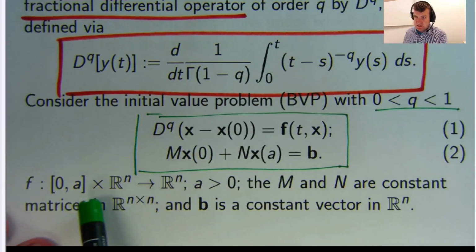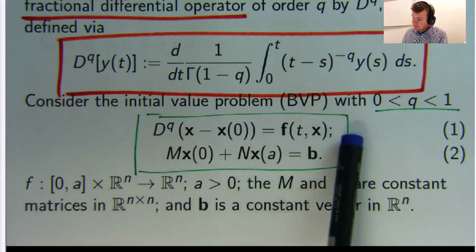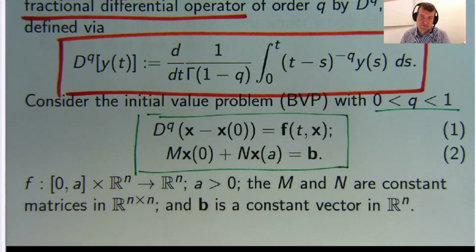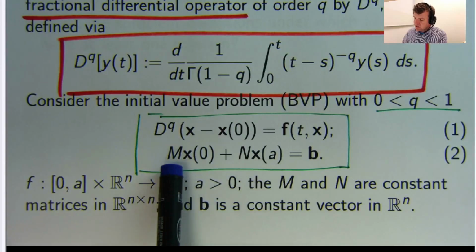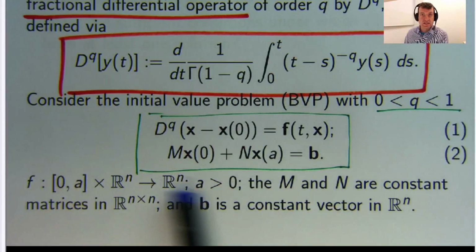Okay, so the question that this video is going to concentrate on is, suppose we're given something like this. How do we know that the solutions are bounded? We're going to develop some sufficient conditions on F and the matrix M and the matrix N such that all solutions to this problem are bounded.